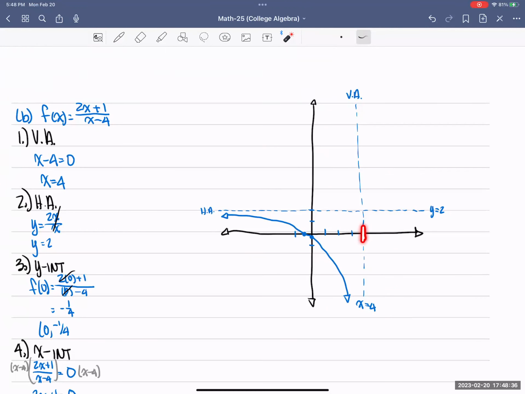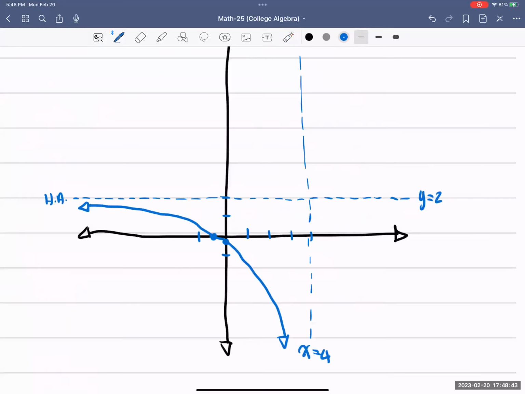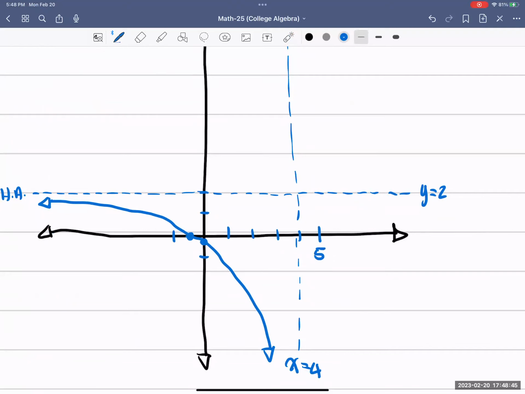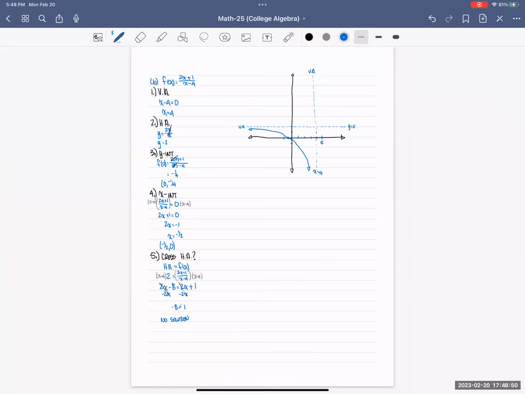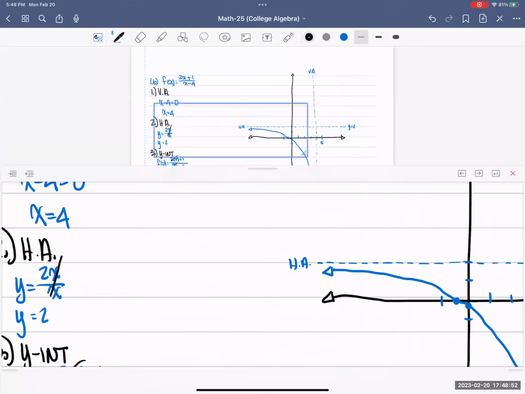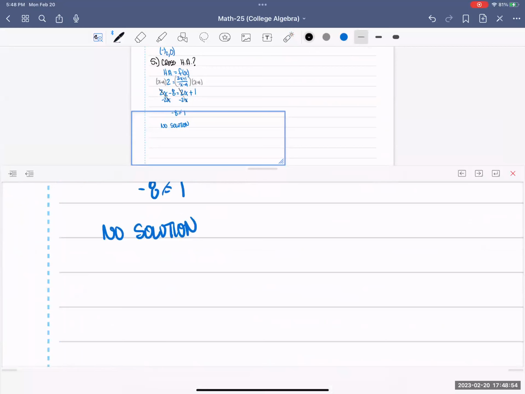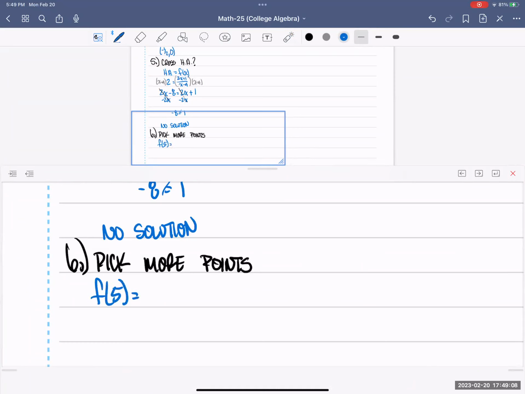So here, this is x equals 4. I'm going to go a little bit more to the right and say, evaluate the function at x equals 5 and see where we're at there. So for step number 6, pick more points, we're going to evaluate our function at 5.